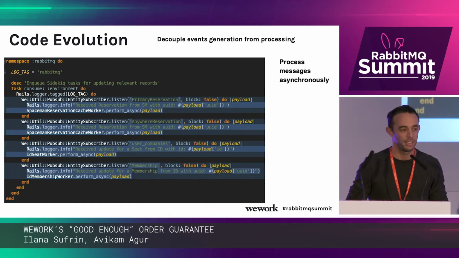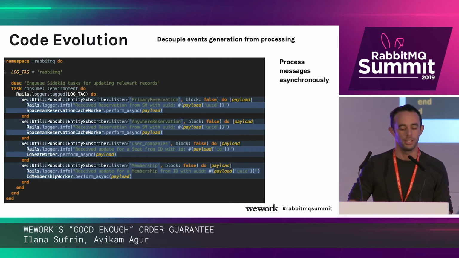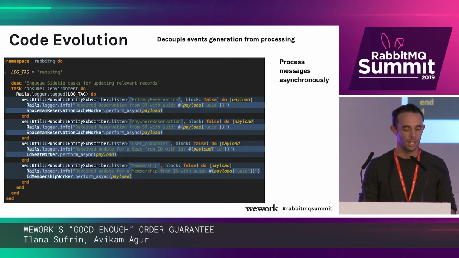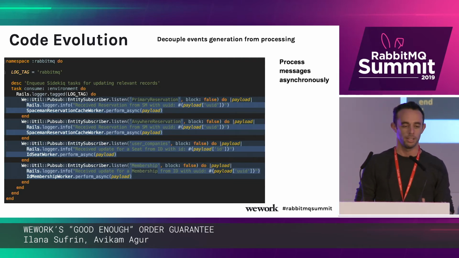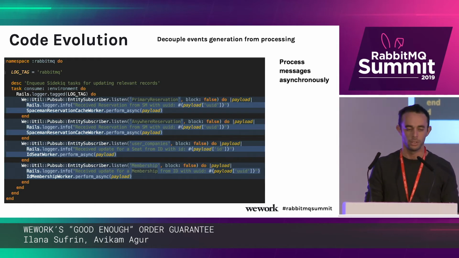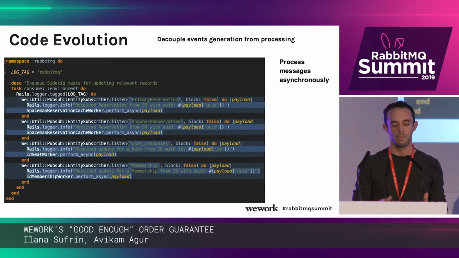This is an excerpt of our code that is here to demonstrate how our code evolved into separating the consumption and the production of these messages. So at the beginning we had everything processed in the same monolith, where that space service would handle all of these things from within.